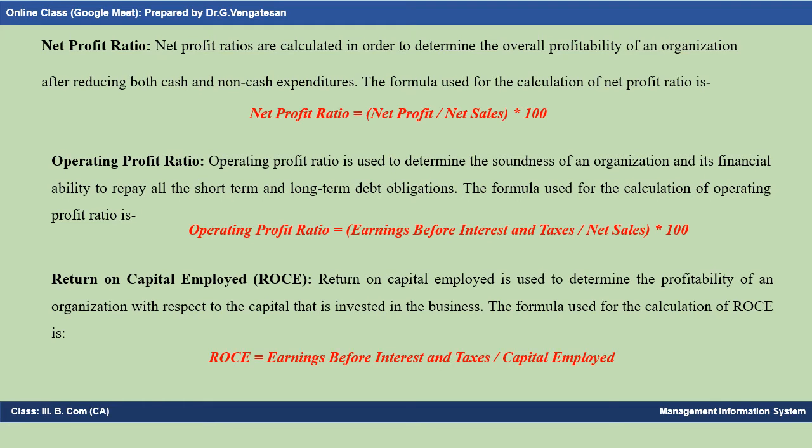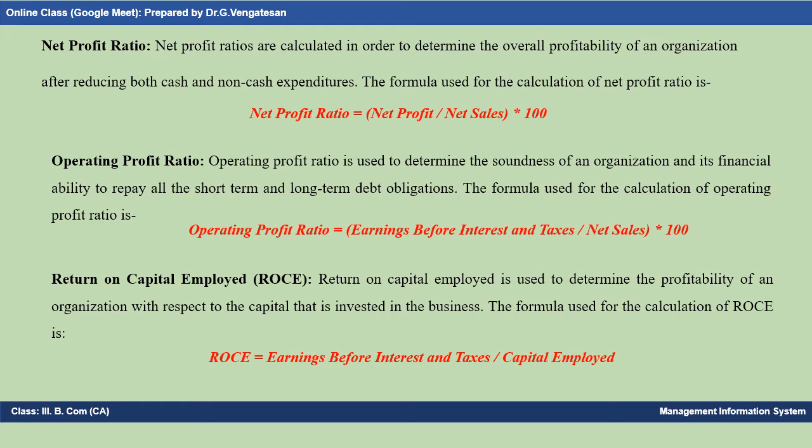The net profit ratio establishes a relationship between the net profit, that is after tax, and the net sales. This ratio is always used to measure the overall firm's profitability. The profitability is calculated and measured with the help of net profit ratio.